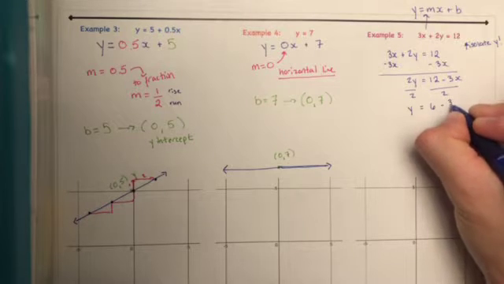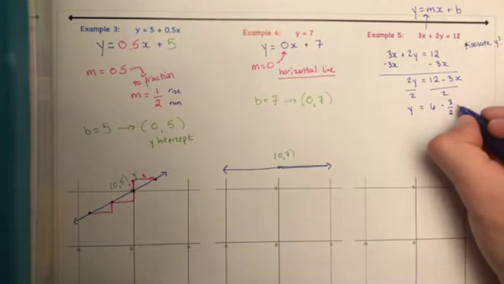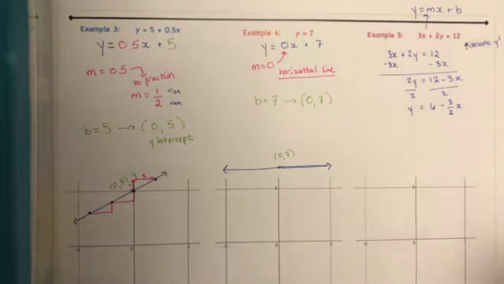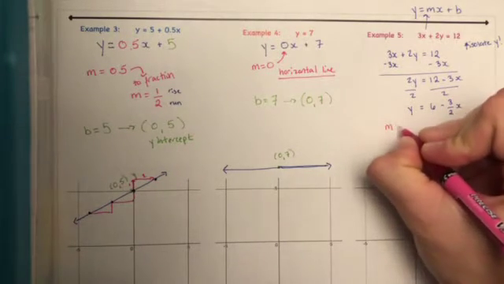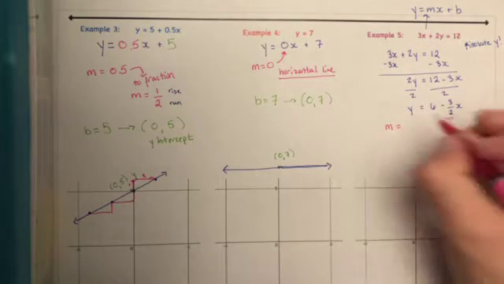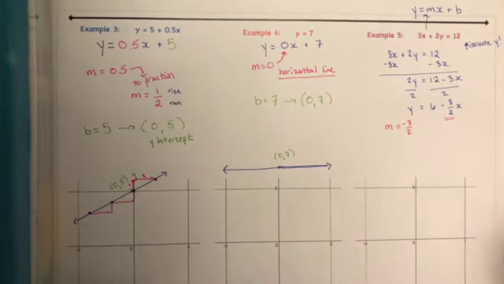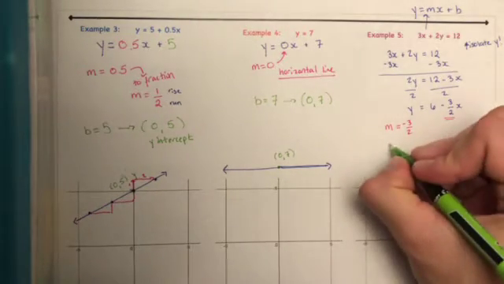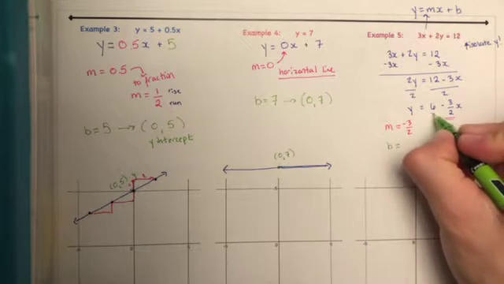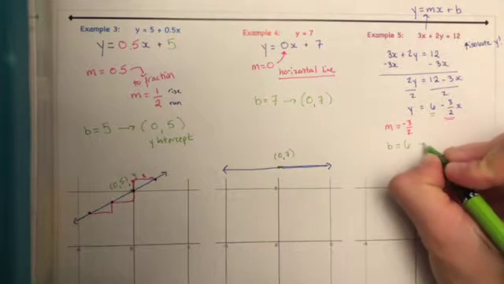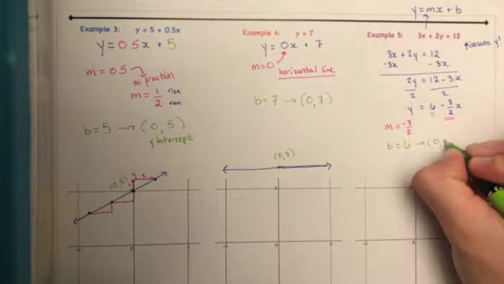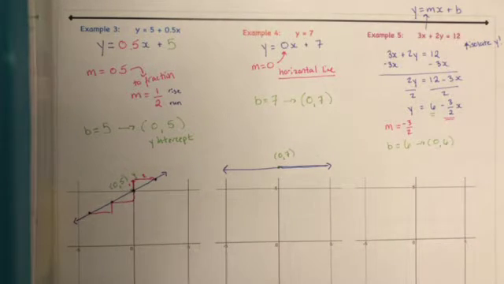Minus 3 divided by 2, I'm going to leave it as a fraction, x. And now I can identify that my slope here is -3/2. And my y-intercept is 6, meaning I have the point 0, 6 on my graph.